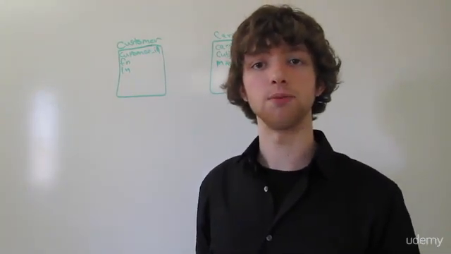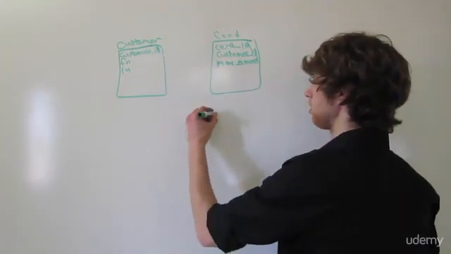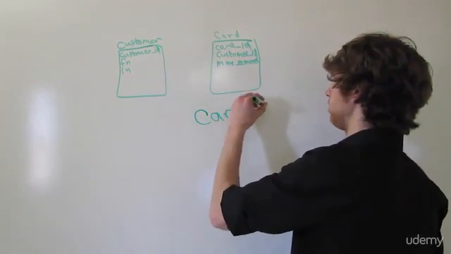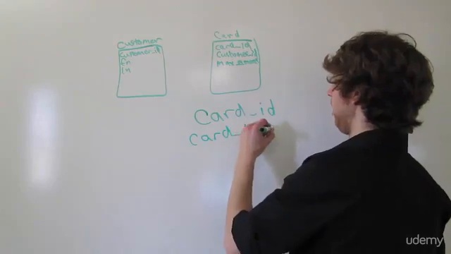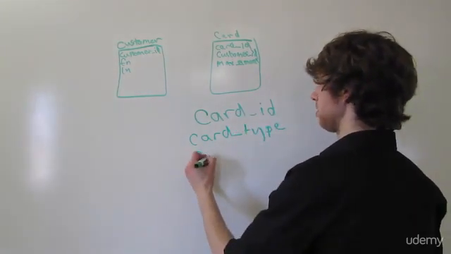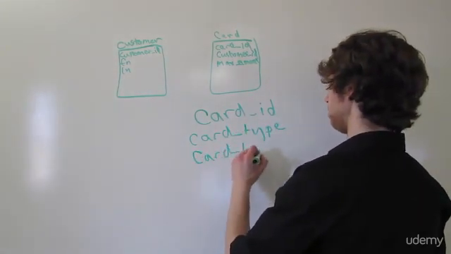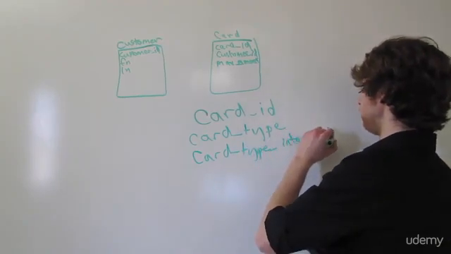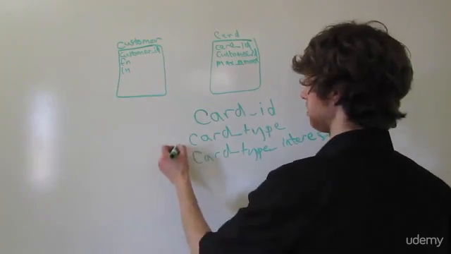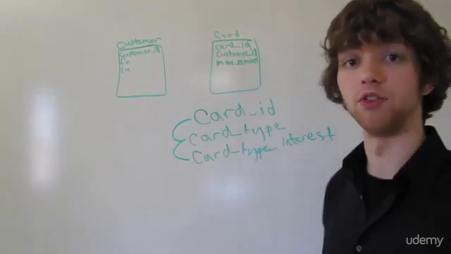Because if you have the card table, look, if you have card ID, and then you have card type, and then you have something about that card type, like card type interest or something, well, this is a transitive dependency, which is a violation of the normal forms.